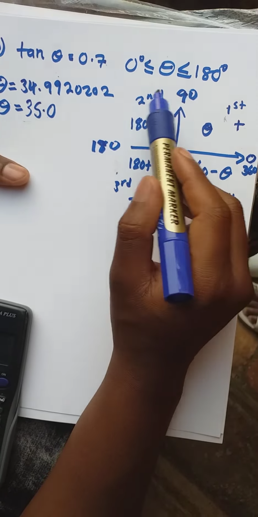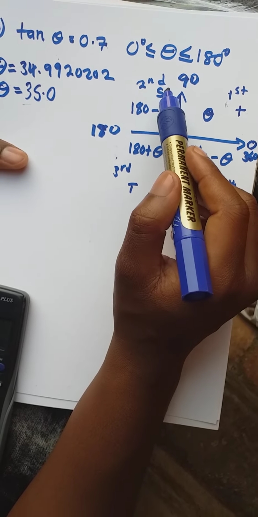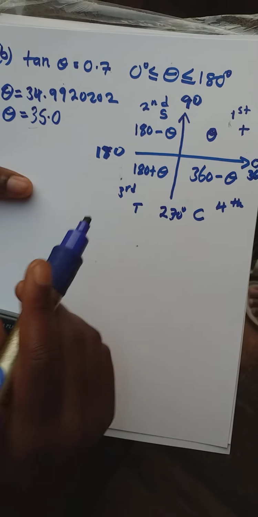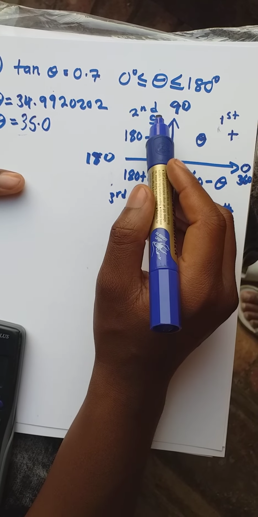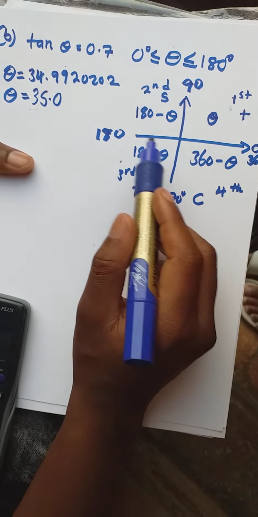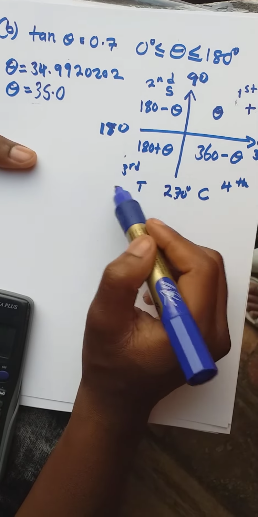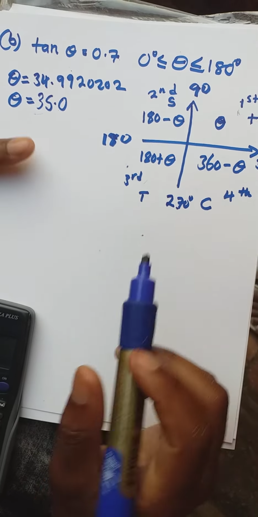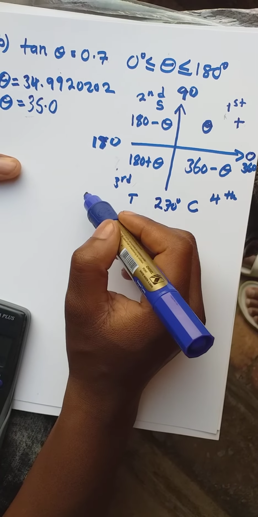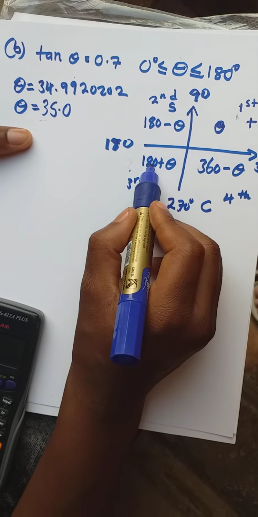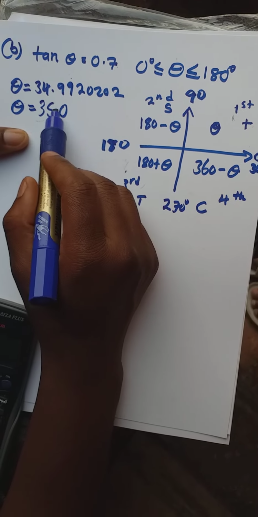In the second, it's only sine which is positive. In the third, it is only the tan that is positive. So meaning your relationship should be gotten from the third quadrant, meaning 180 plus the 35.